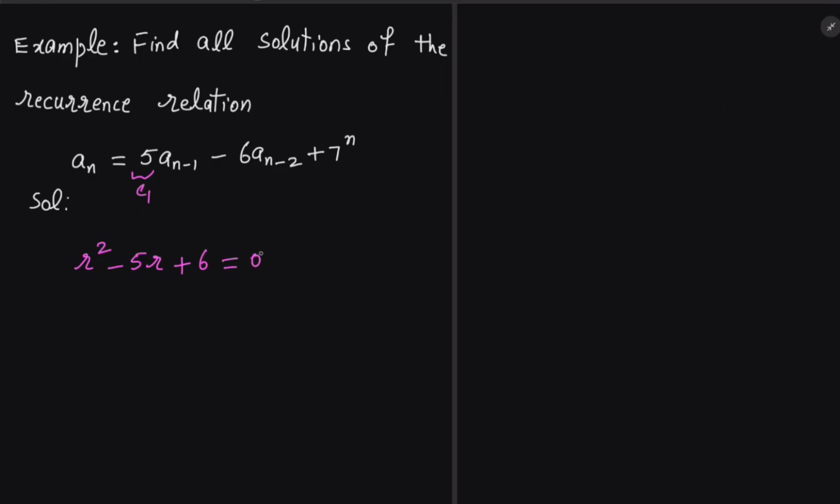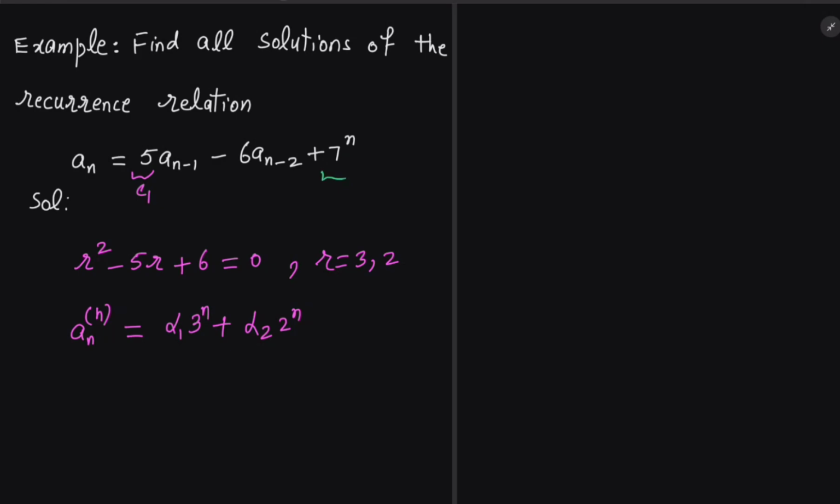And when we solve that, the homogeneous solution a_n^(h) will be equal to alpha 1 times 3 raised to power n plus alpha 2 times 2 raised to power n, so r is equal to 3 and 2. So this is the homogeneous solution.